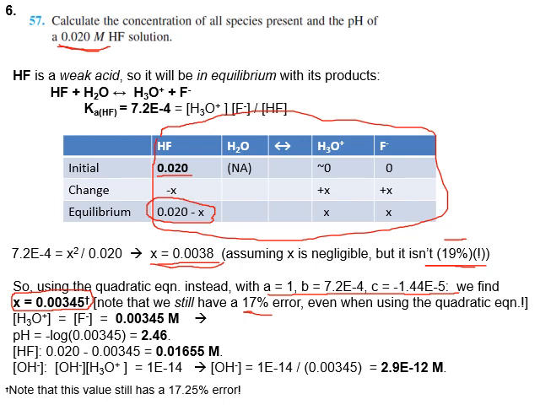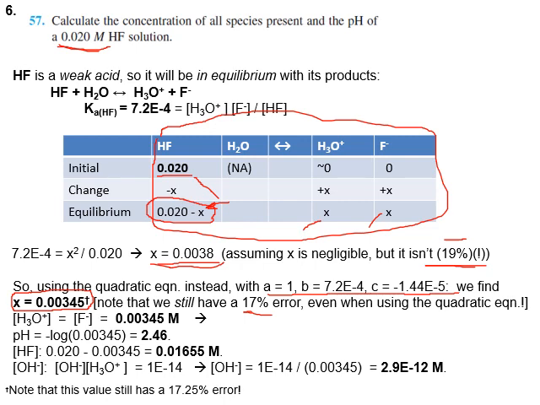So anyway, when we redo it, we're going to use the value we got from that. So x is going to be 0.00345, and that's going to be here and here, and then we'll subtract 0.00345 from 0.02 to get what goes right there. Remember, what we care about is the equilibrium concentration for HF, not its initial concentration.